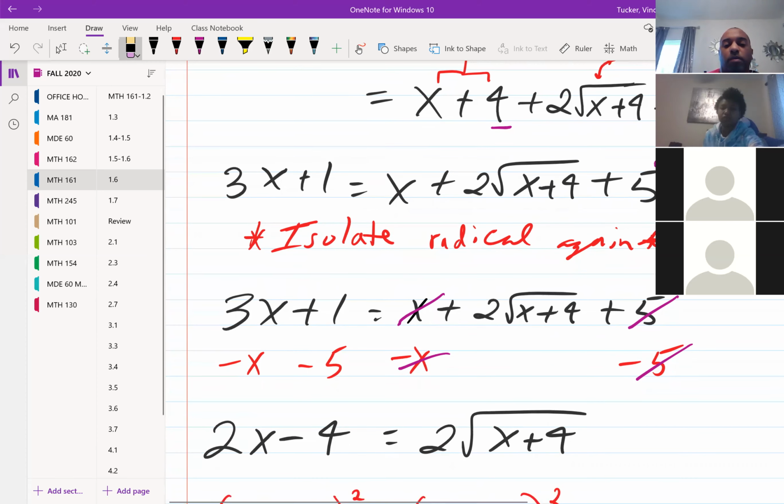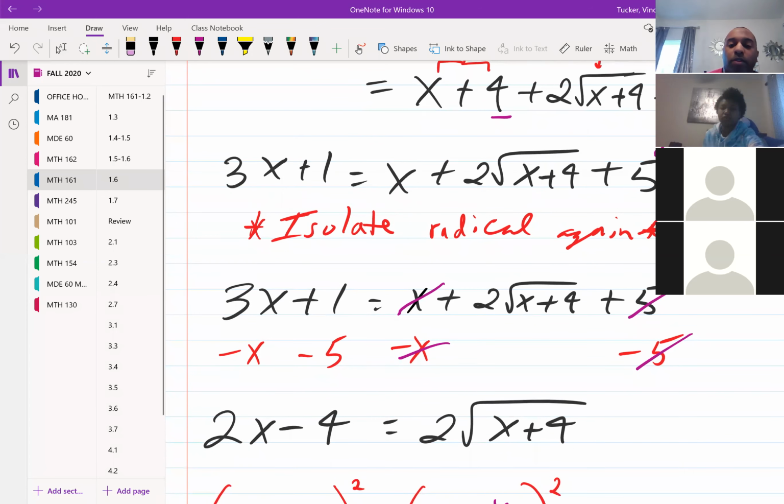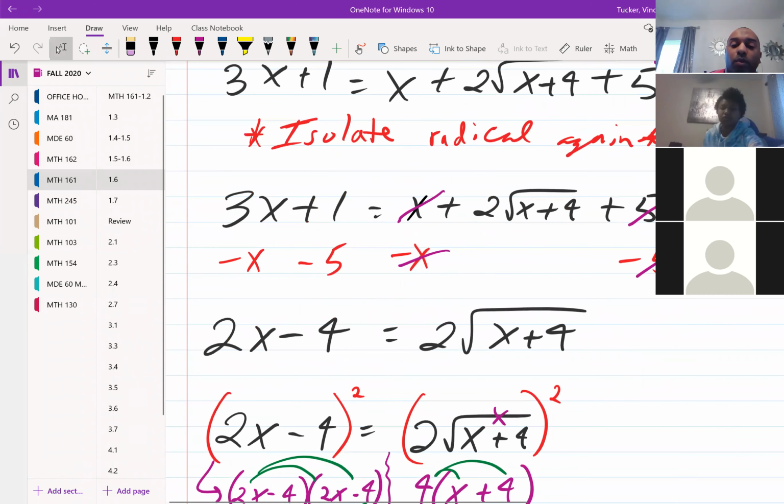All right. So now, if we want to get this radical off, we need to, once again, raise both sides to the power of 2. So we want to square both sides.